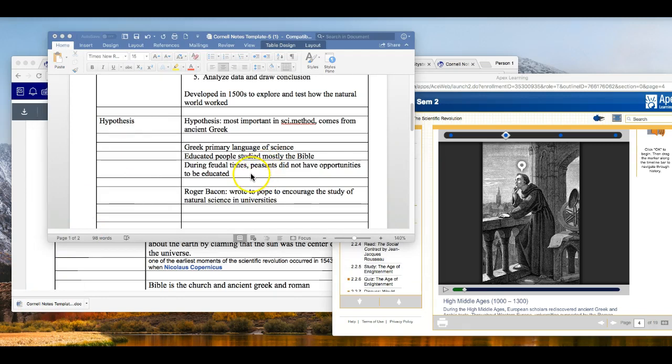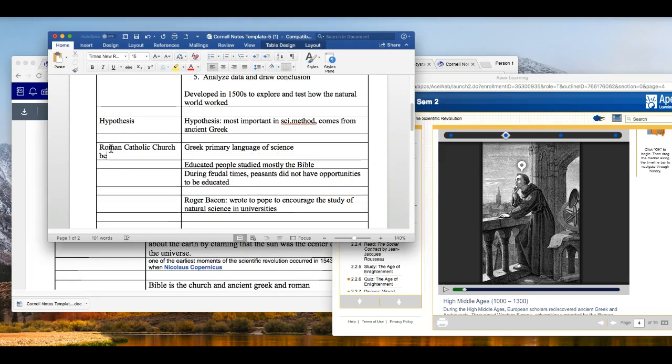So the main idea from this section, which was through the interactive timeline on page 4, is really about feudalism and where the scientific revolution was started. So I might write something like Roman Catholic Church behind education.